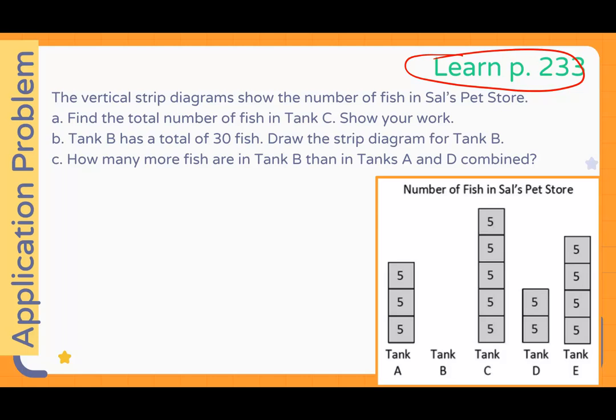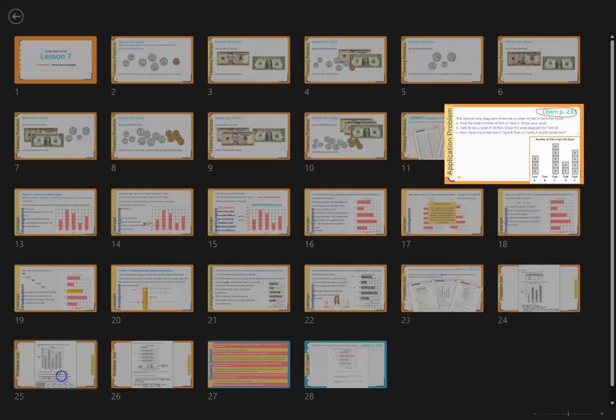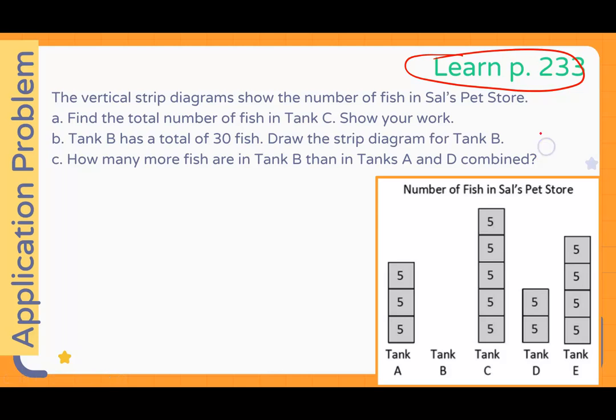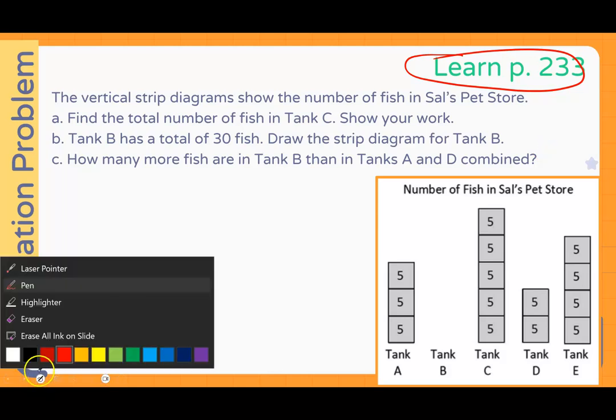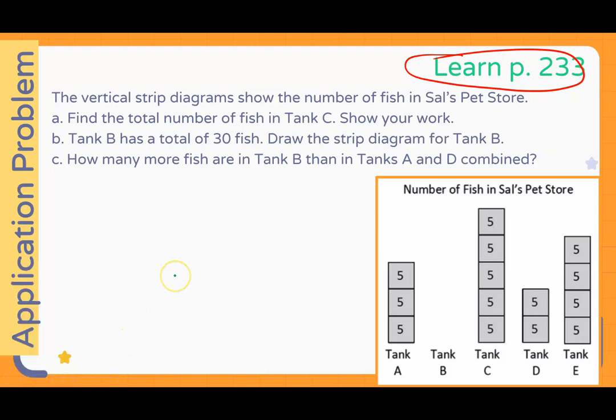Okay, so let's look at A. We're going to do A first. Let me change my color. Here we go. So A, I'm going to label.